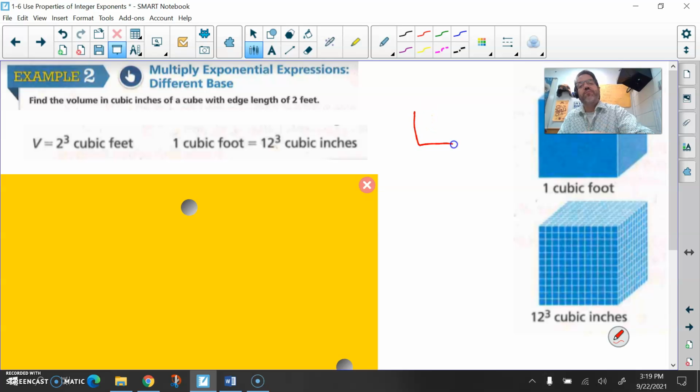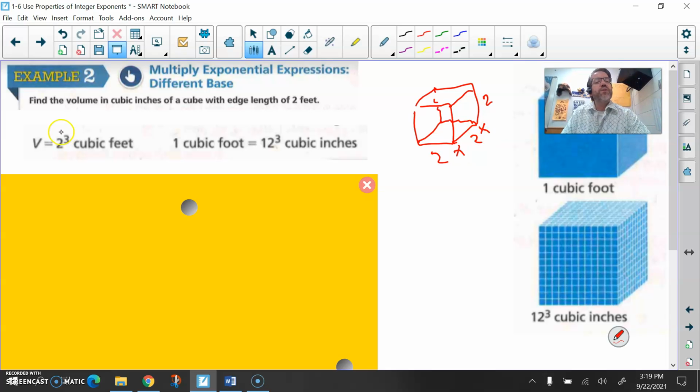Because if you're finding the volume of a cube, you take length times width times height, which are all the same. So you have 2 times 2 times 2, right? That's where we get 2 to the 3rd power. 2 feet by 2 feet by 2 feet, because each edge length is 2 feet long.